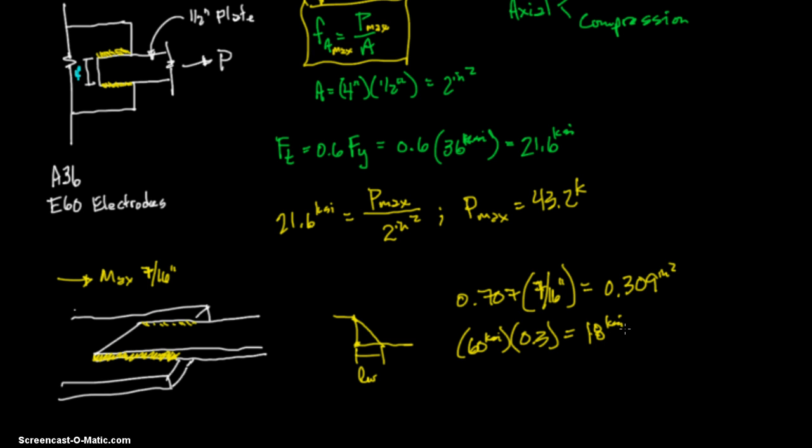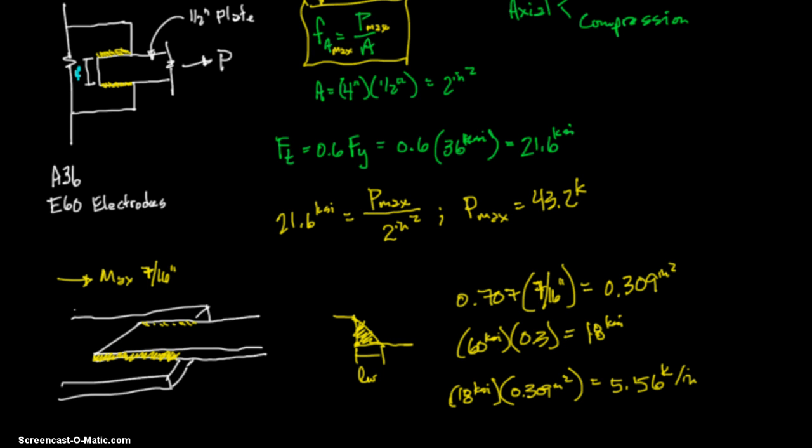So we take 18 KSI, that's our allowable shear stress from the weld, times the area of the weld, and we get 18 times 0.309, we get 5.56 kips, and that's per inch. All right, so we say 5.56 kips per inch.